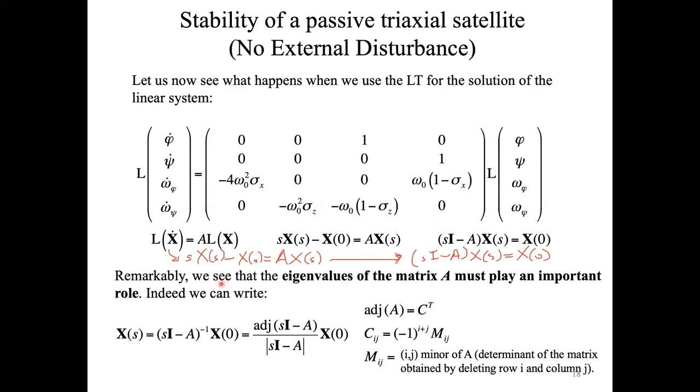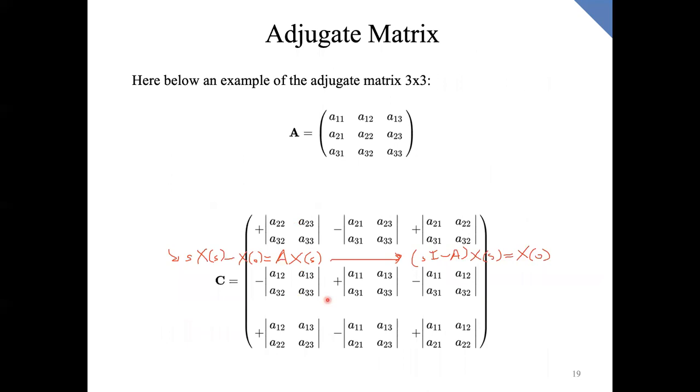So in order to determine the response of the system, we know that it is equal to the inverse of the matrix SI minus A. In order to compute this matrix, what we need to do is to compute the adjugate of the matrix SI minus A. I reported here an example of the adjugate.